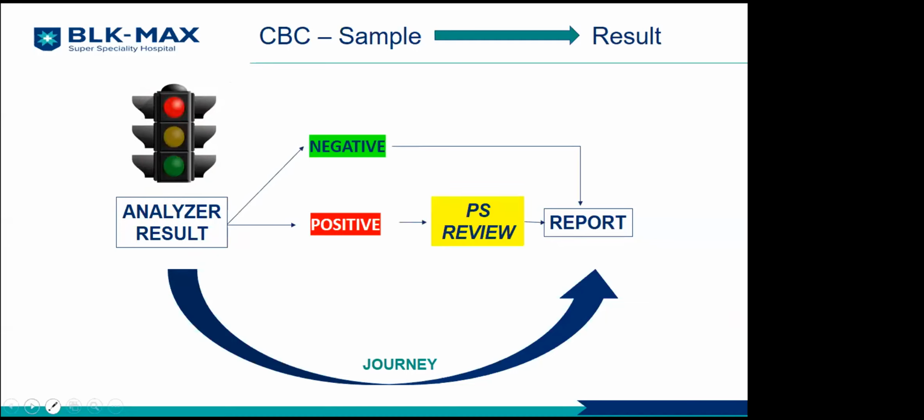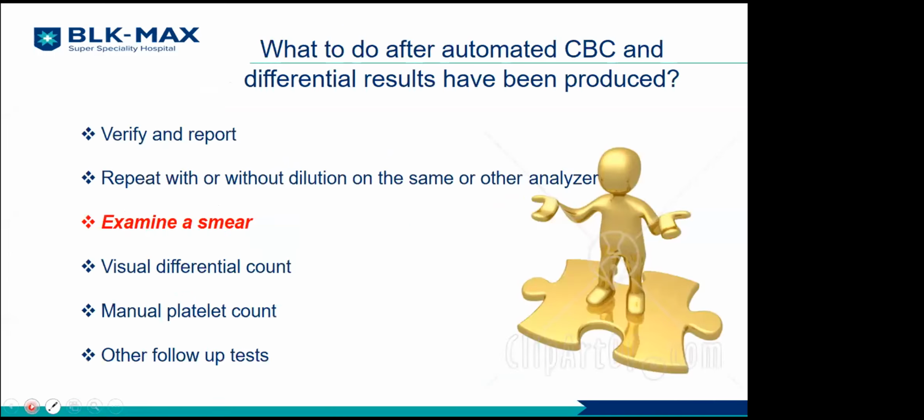And if it is positive, you would obviously need a peripheral smear review, and then only will you report. And of course, if there is an error of any kind in the analyzer, again, you would like to do a peripheral smear review and finally report. So if you look at this particular graphic cartoon, peripheral smear review happens to be extremely central to the results which are either positive or having any kind of errors from the analyzer.